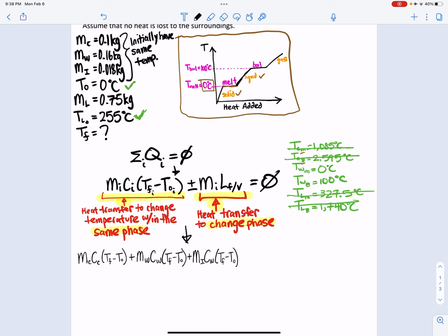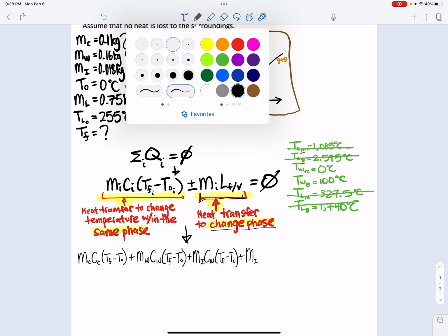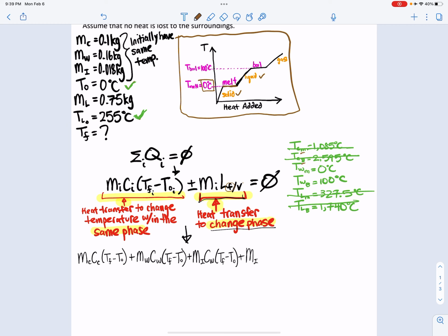But also, remember, ice is going to experience a change of phase, so I also need to use this equation right here. So plus the mass of ice times, would I use the latent heat of fusion or vaporization for ice? Well, ice is a solid. I assume it's going to melt to liquid, so I would use latent heat of fusion, right? Because latent heat of fusion is between liquid and solid and vice versa, and vaporization is between gas and liquid and vice versa.